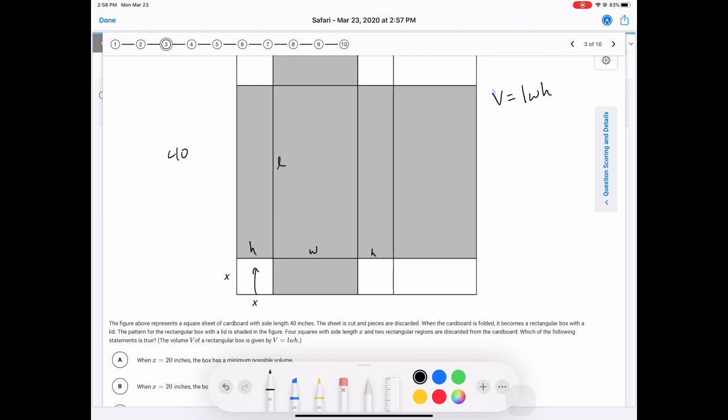So this is x, y is equal to 40 minus 2x. Our width value here, I guess we call that, never mind. Let's just call that the length. Our length value, right?